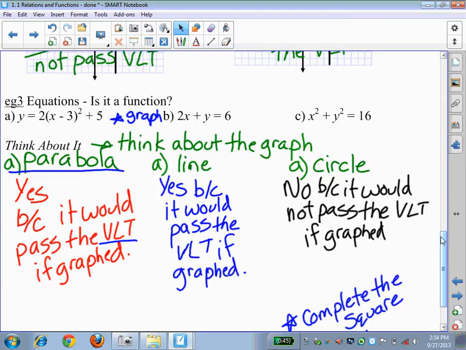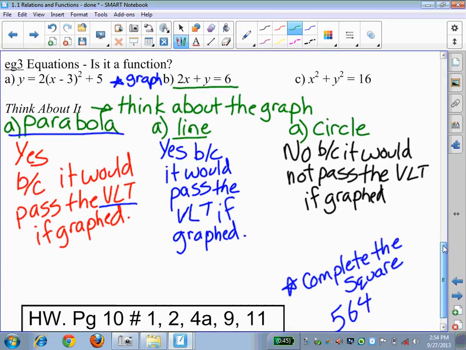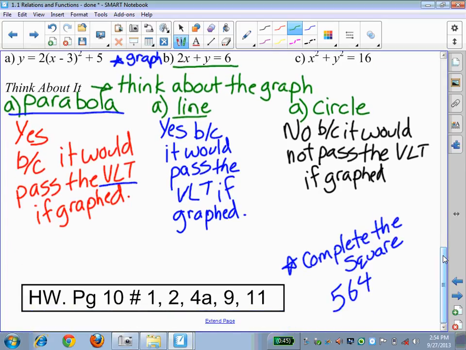Taking a look at our second example, it's a linear function, so what do we know about it? That it is a line. All lines pass the vertical line test with the exception of one. The only exception where a line is not a function is if it's a vertical line.